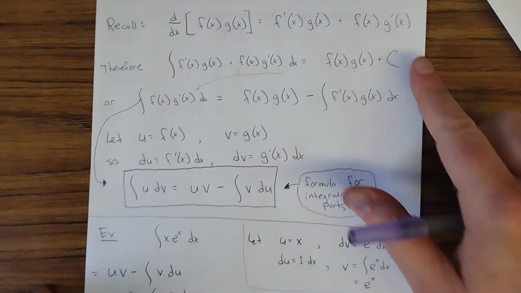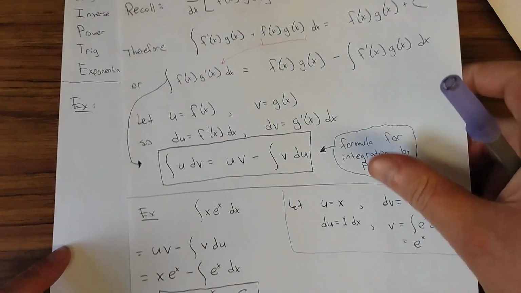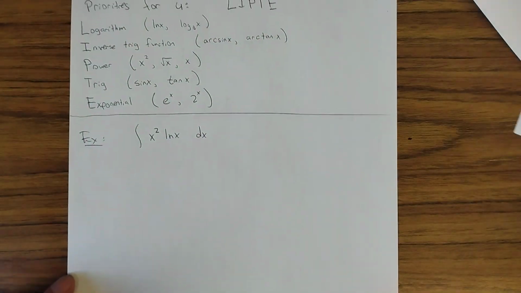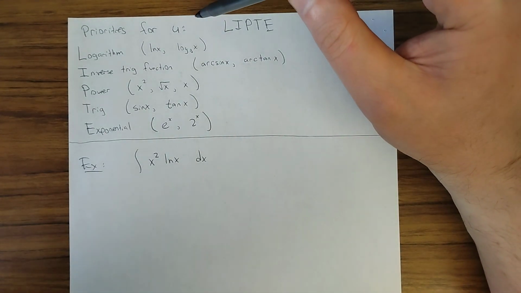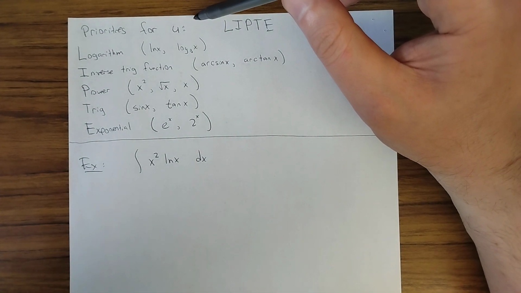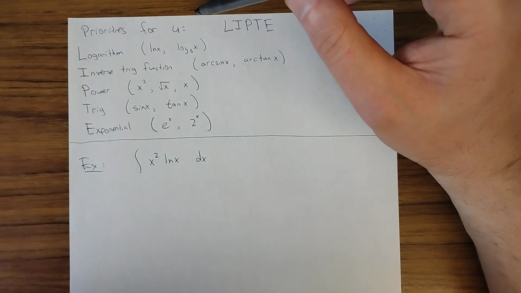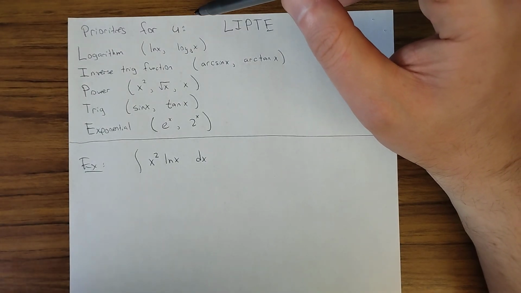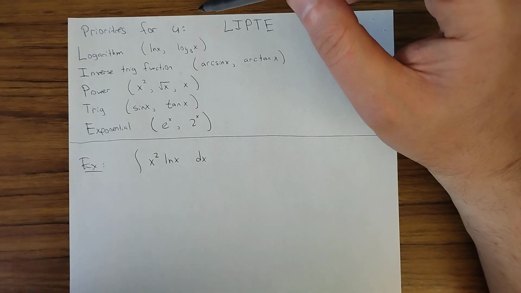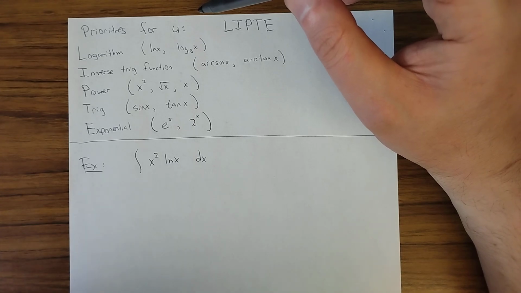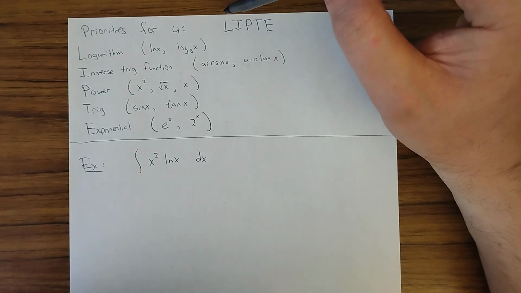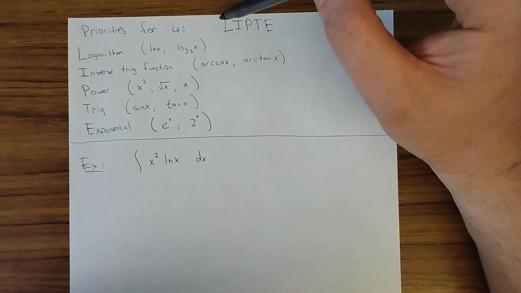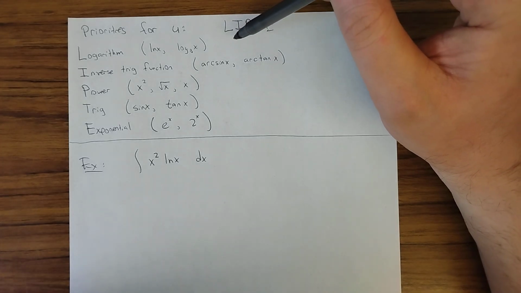Let's do another one. First, let me tell you my advice for how to choose u and dv. Now, let me preempt this by saying it is very hard and perhaps impossible for me to give you advice that will be the best possible advice in every possible situation.